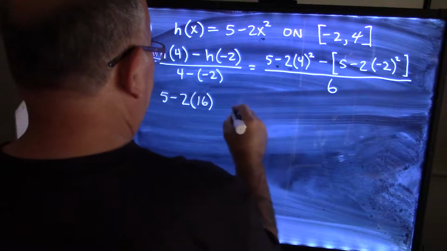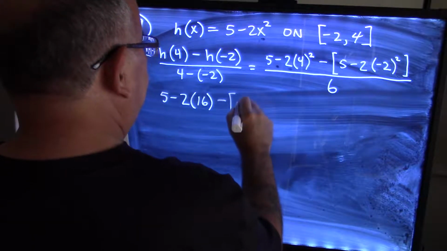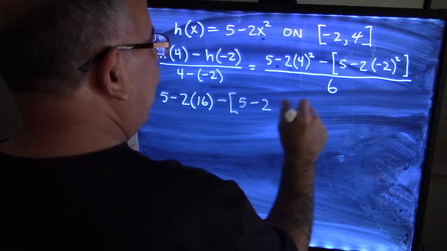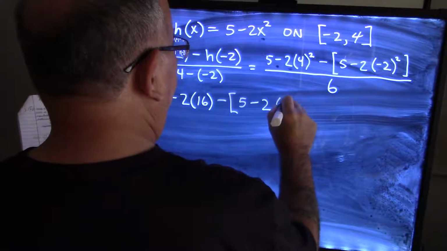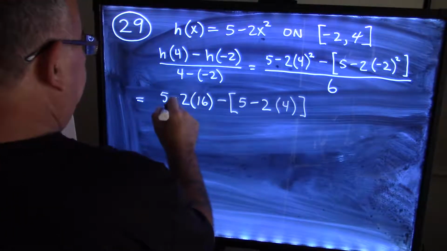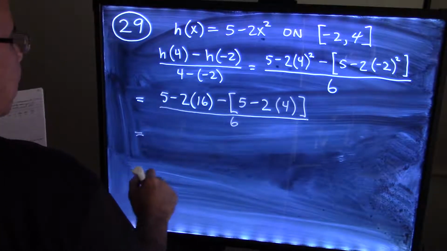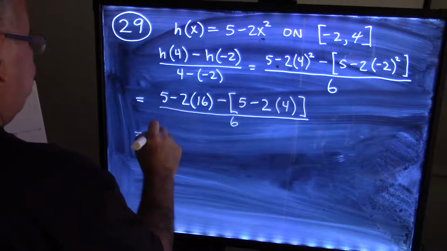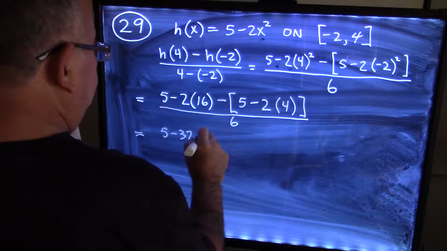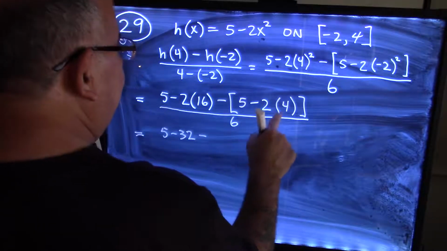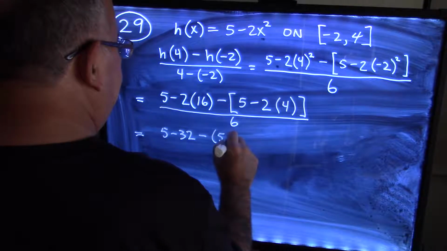And so here we've got 5 minus 2, again order of operations, watch out. Negative 2 squared, that's 4. Negative 2 times negative 2 is positive 4. All over 6. So that equals 5 minus 32, minus, and then you've got 5 minus 2 times 4 is 8, so 5 minus 8. That's still in the parentheses or brackets.